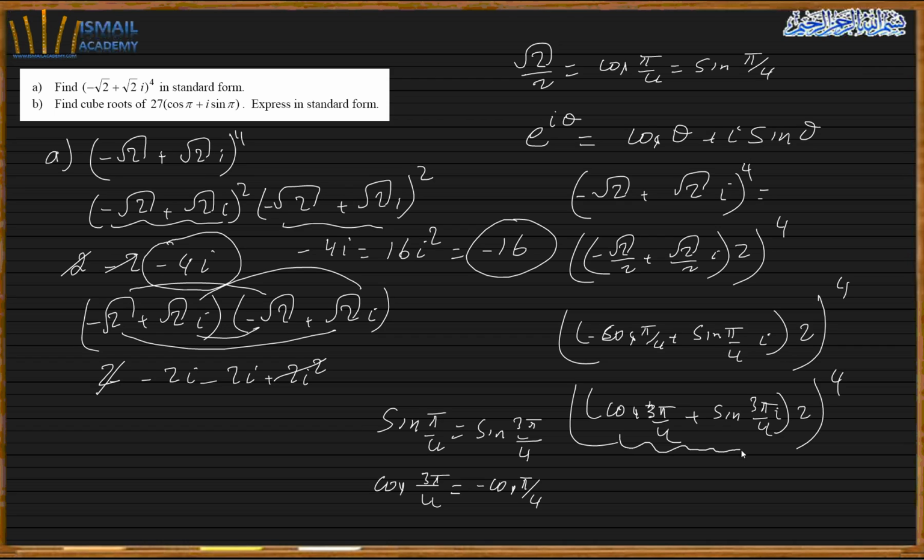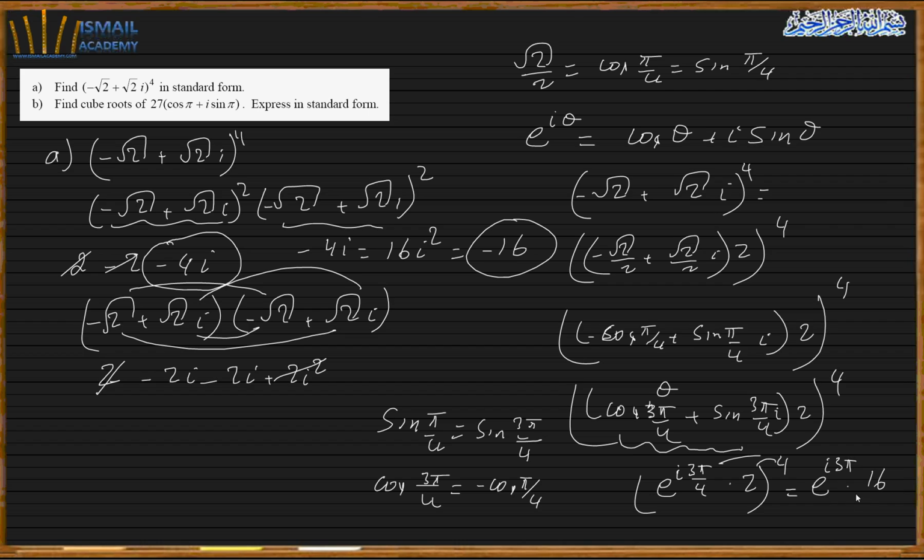So now I can change this one to exponential notation. So it's going to be e to the i 3 pi over 4, because this is going to be my theta, times 2 to the power 4. So if I distribute the 4 here, I will end up having e to the i 3 pi times 16.